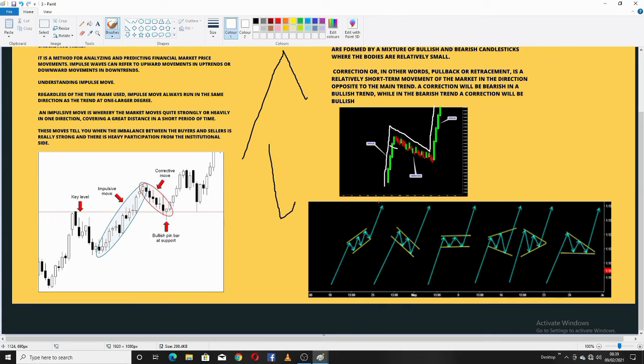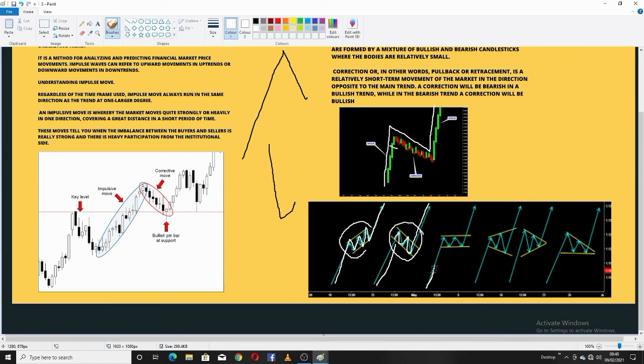The corrective phase is where we get our trading patterns. You see, we have a corrective move and then it gives us a channel, and then after the break of the channel we are continuing. Same here, we have an impulsive move and then we have a descending channel, and then we have another impulsive move after the break of the channel.